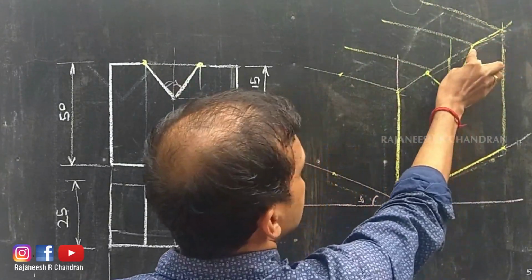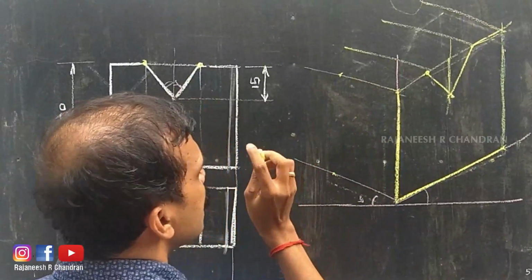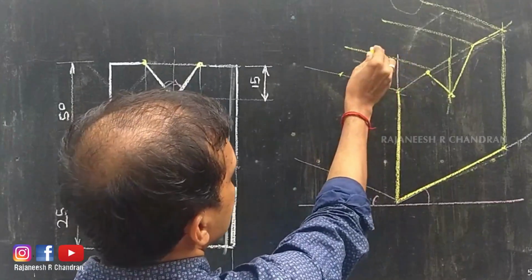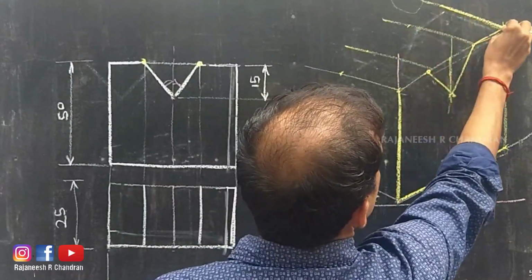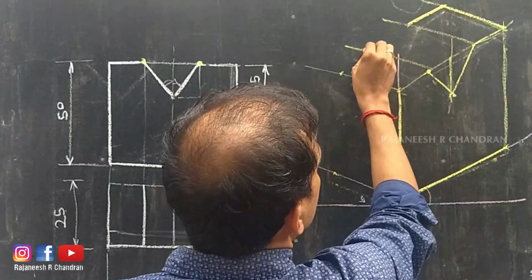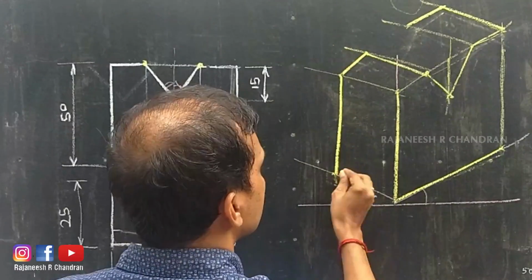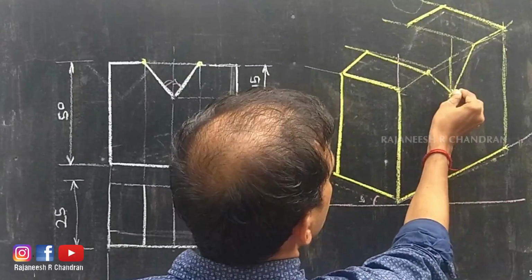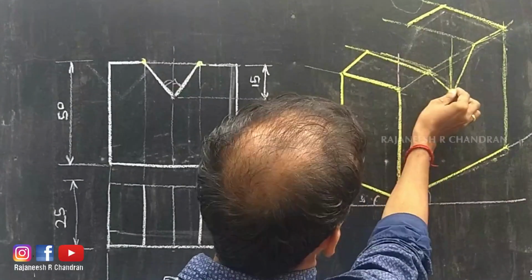So through this point, this point, this point and this point draw a line parallel to this 30 degree line, and on that point take this much distance, that is a distance of 20. We can take a 20 from this point also, so that it will come somewhere here.